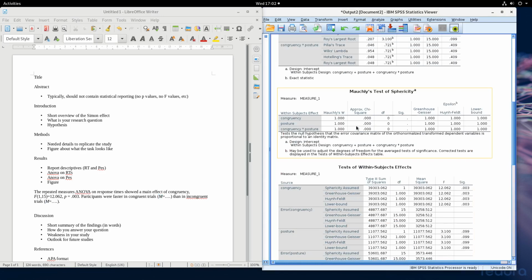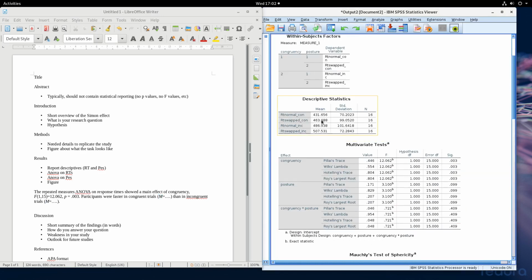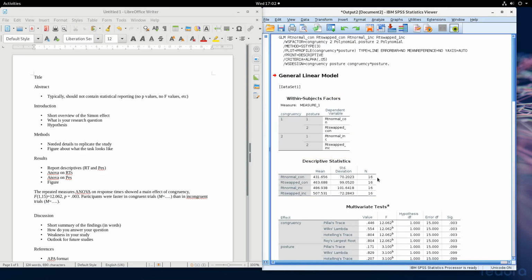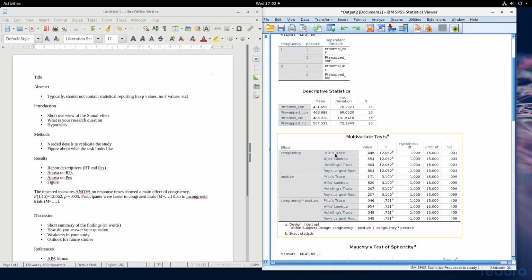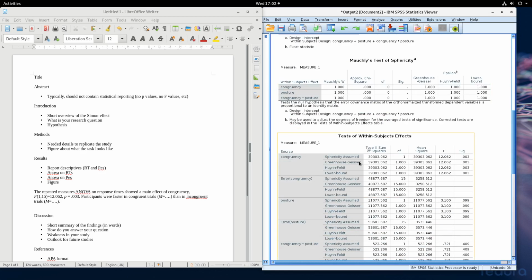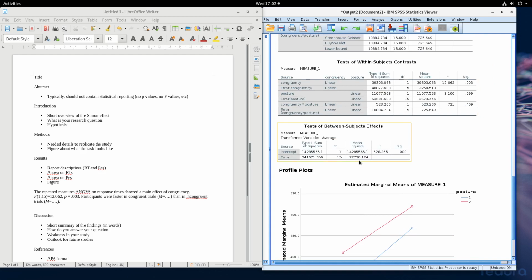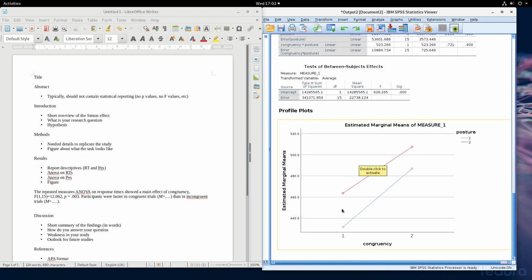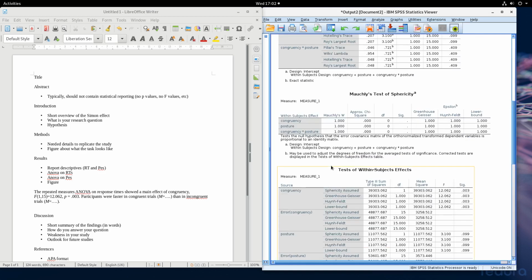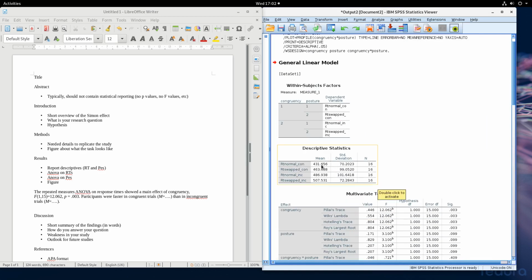As you remember, last time I showed you that it doesn't show you the average of congruent trials. You need to calculate that yourself by taking the congruent in the normal posture and in the swapped posture.